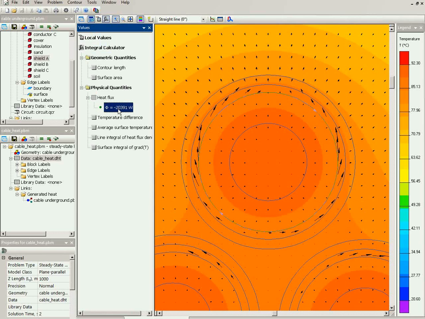This is the heat flux per 1 kilometer, and if we divide it by the cable length, it will be about 20 watts per meter. And if we divide the heat flux by the temperature drop, we can find the thermal resistance of each layer of the insulation.